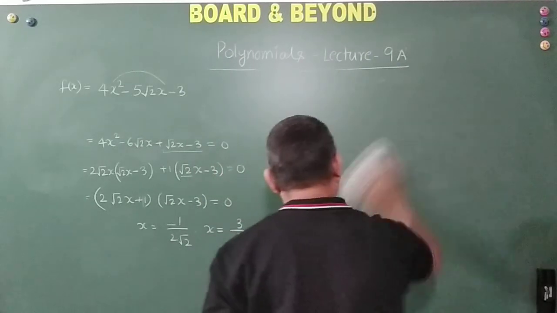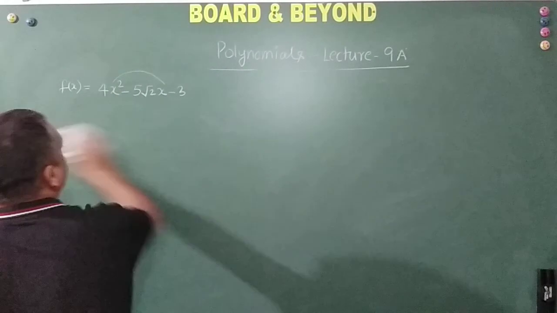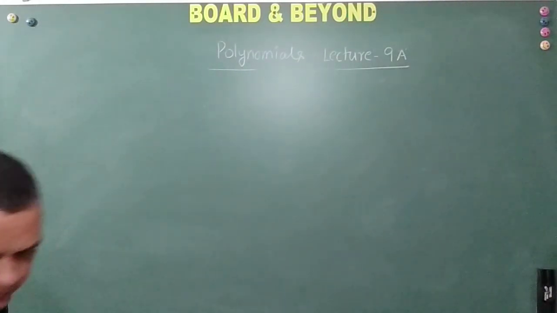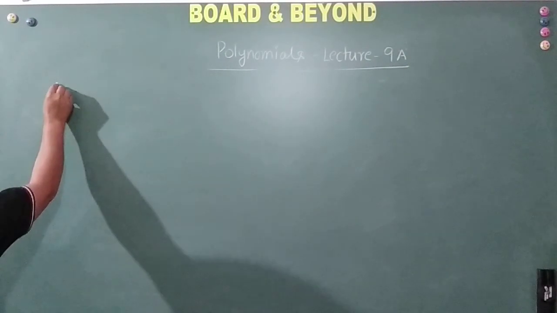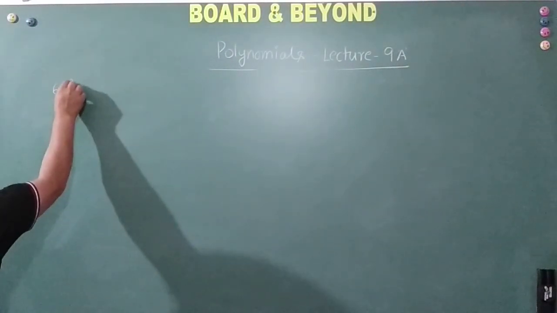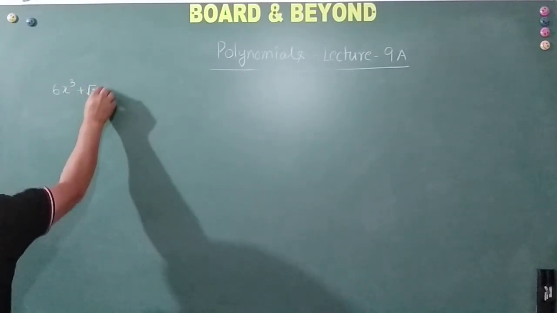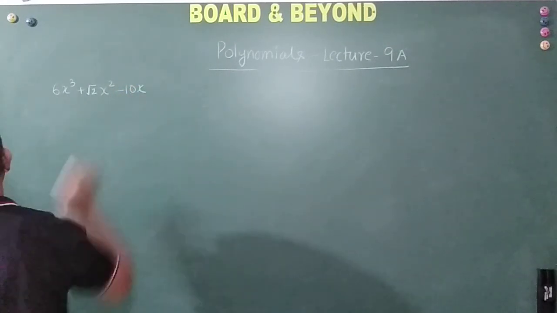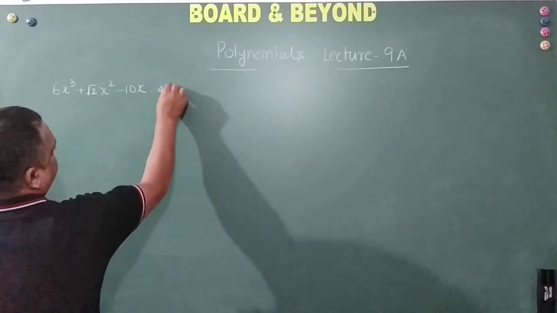This is also an important question, my friend. It has appeared in previous examinations. So now the next problem says that we need to find the roots for 6x cube plus root 2x square minus 10x minus 4 root 2.